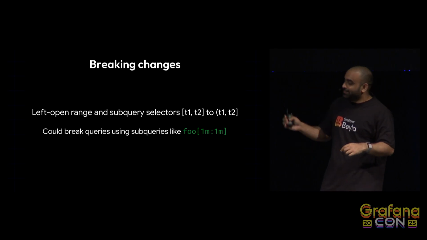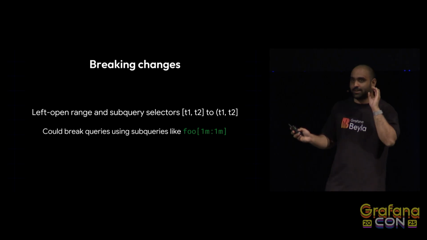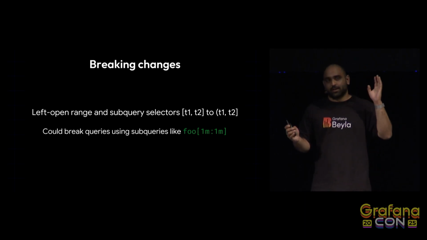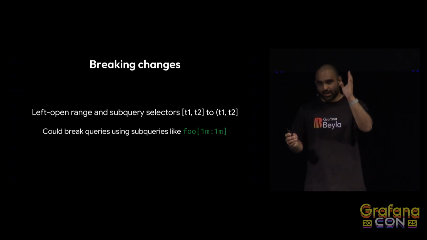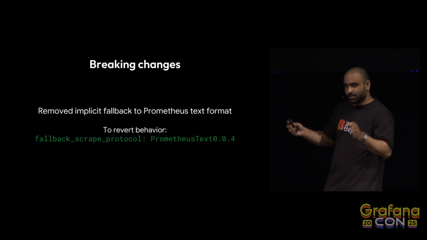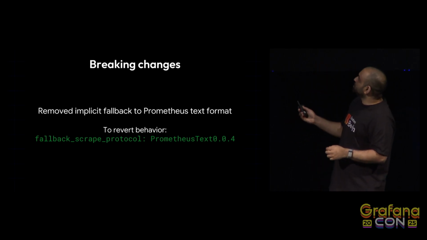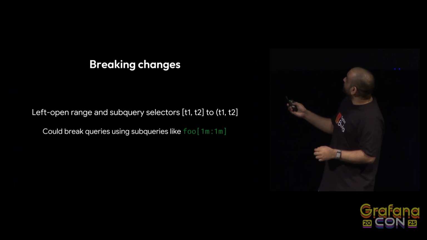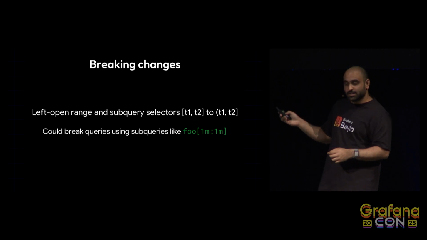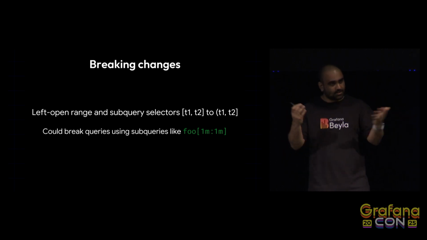Essentially, what this does is the first 1 minute says run a query that gets foo for every 1 minute, like get a data point every 1 minute, and then select the last 1 minute, and then you can do a rate on it. Before, we used to include both the first and last point, and in rate, you need 2 points to calculate the rate.